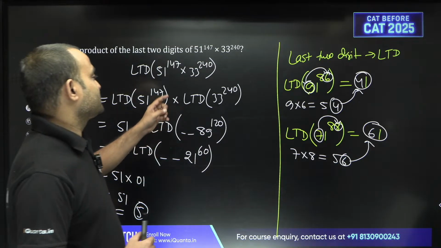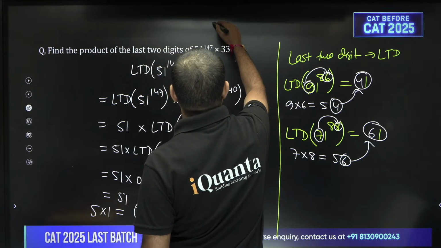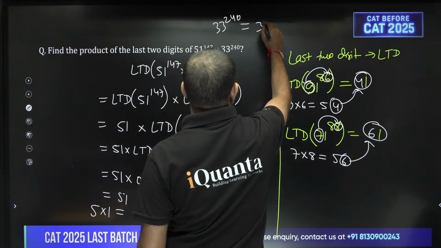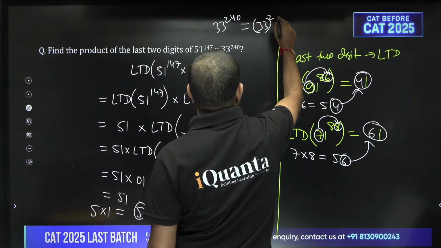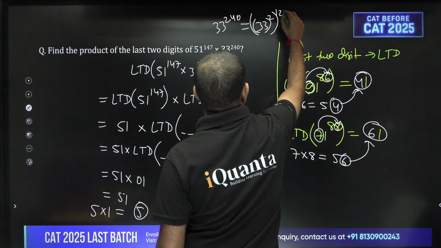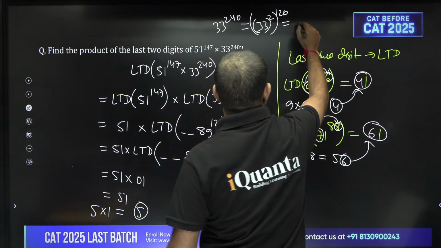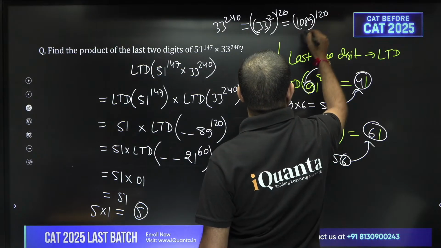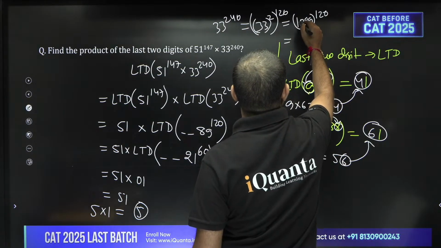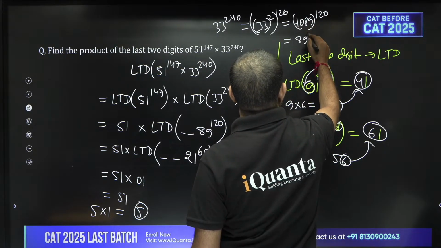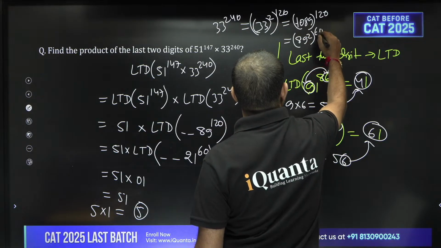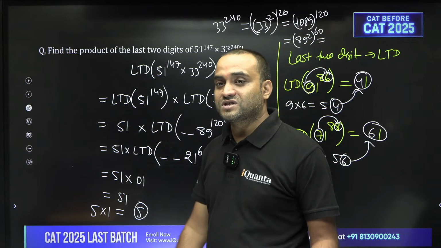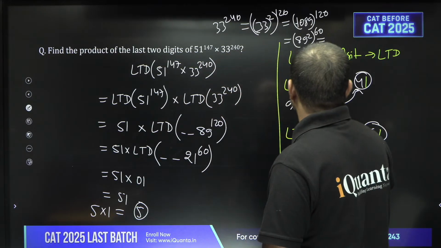सिद्धांत, last two digits of 33 square, 33 to the power 240 can be written as 33 square to the power 120, which is equal to 1089 to the power 120. ठीक है, तो इसका last two digit ही लो, तो 89 square to the power 60, which is equal to, what is 89 square? 11 into 2, 22, 78 plus 1, 7921.